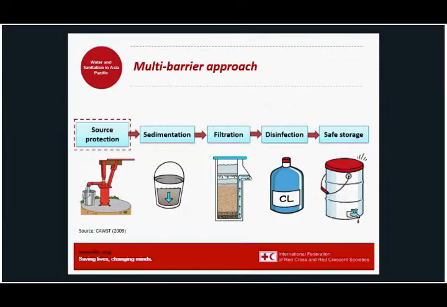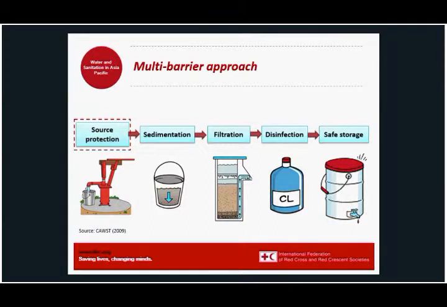As you might also know, there are different ways we can protect our water source. For example, moving latrines away from the water source and locating them downstream of the water source.